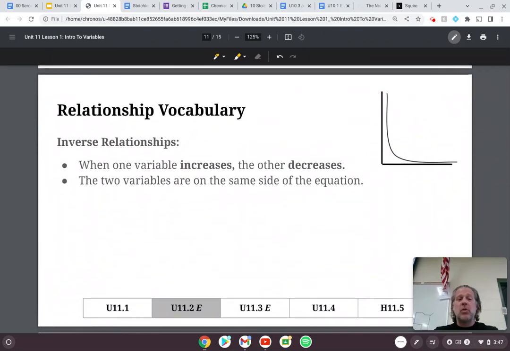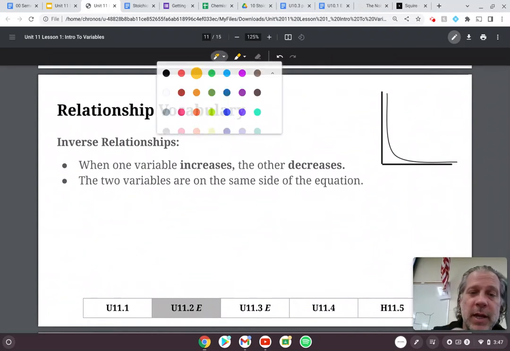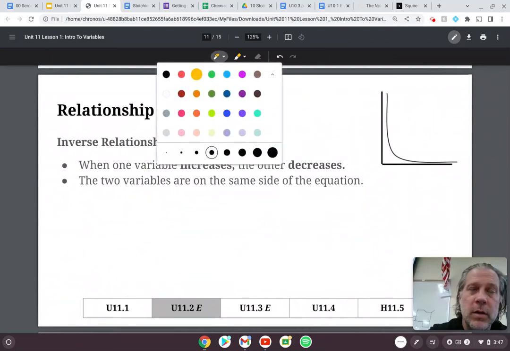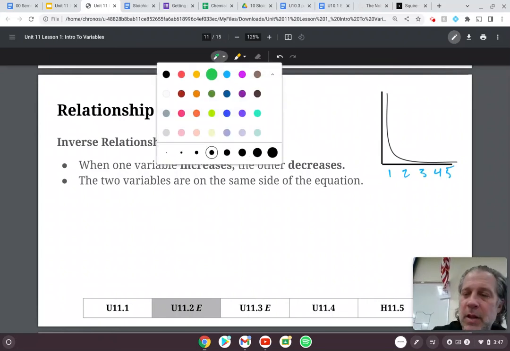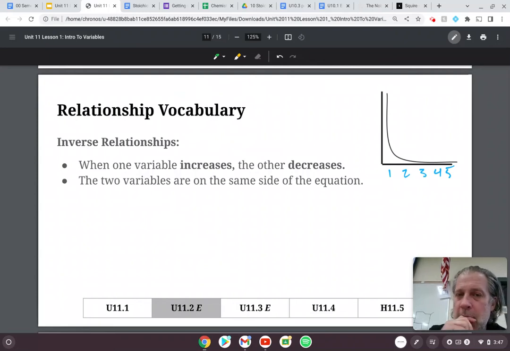Another example would be what would happen if one variable increases while the other one decreases. So this could be something like 1, 2, 3, 4, 5, 6 on one axis.